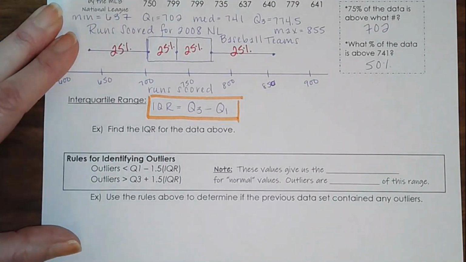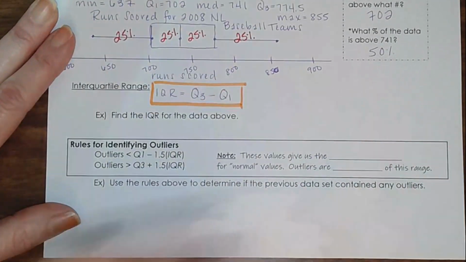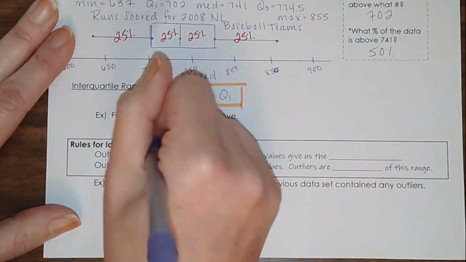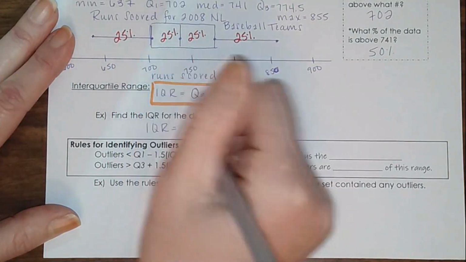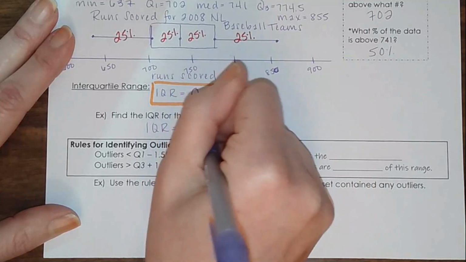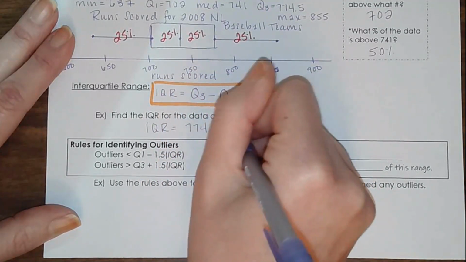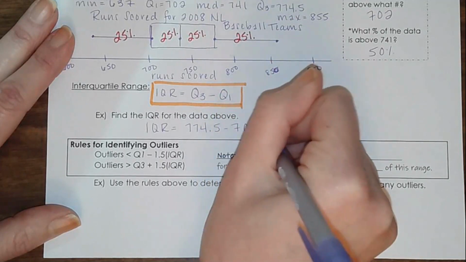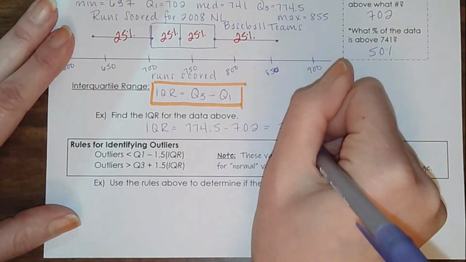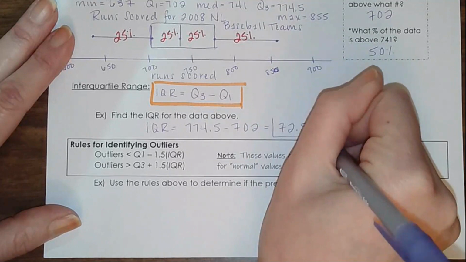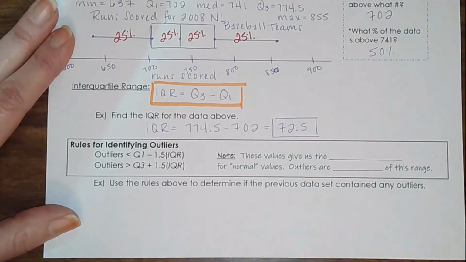So if I wanted to find my difference between those two quartiles above, let's see here. IQR, what was Q3 above? 774.5. Q1 was 702. So our difference, 72.5. Questions?